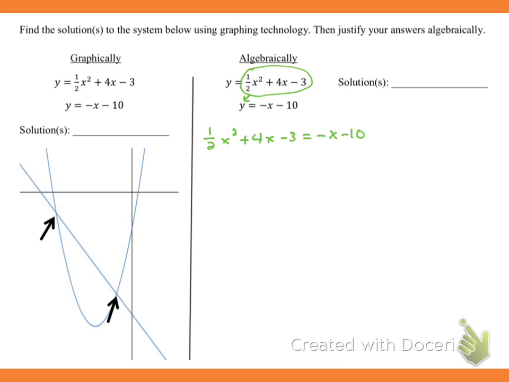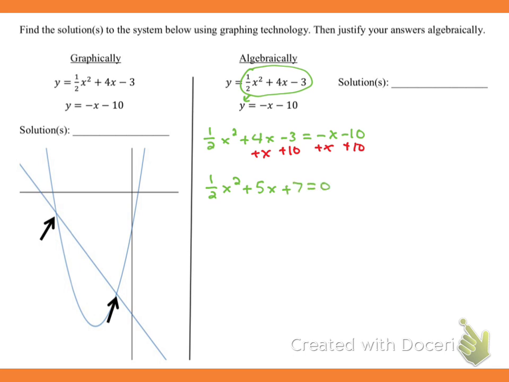I want to take -x minus 10 and move it to the left side of my equation. So I'm going to add x, which gives me 1/2 x squared plus 5x. And then I'm going to add 10, which gives me 7 equals 0.